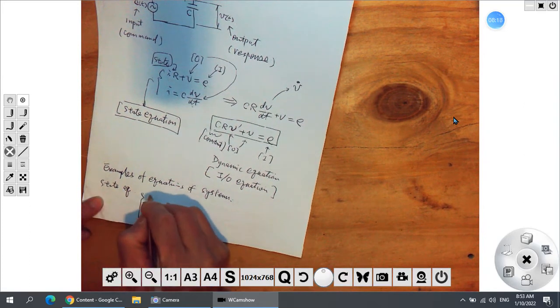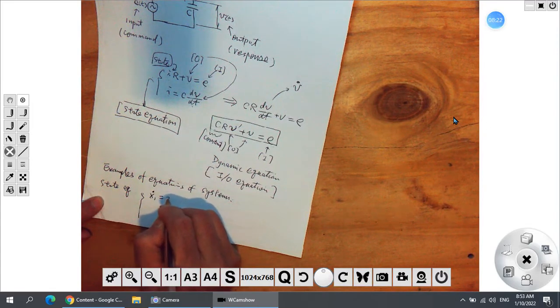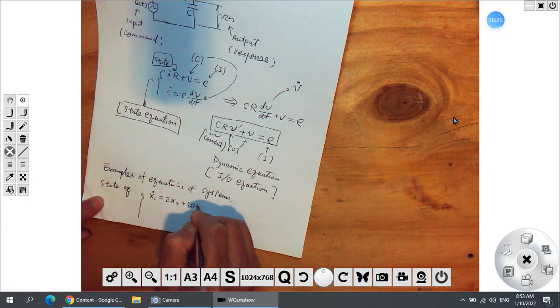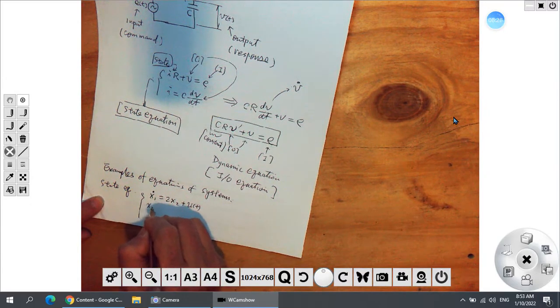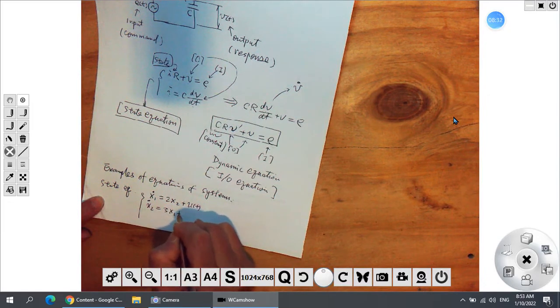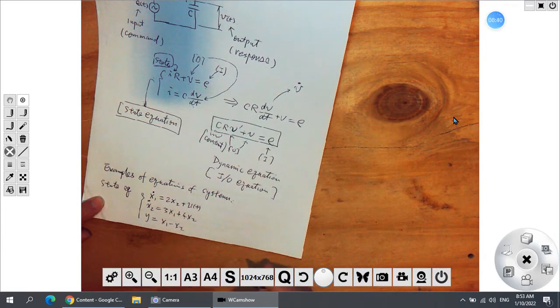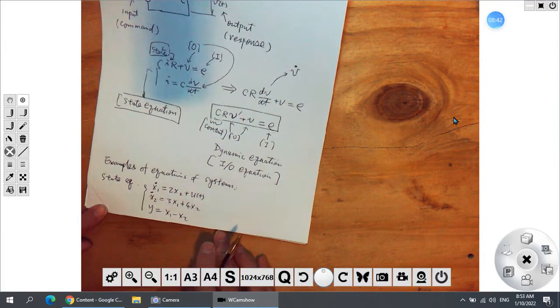For example, we have x1 derivative equal to 2x2 plus u of t, and x2 derivative equal to 3x1 plus 4x2. Okay. And y equal to x1 minus x2. I give three equations.